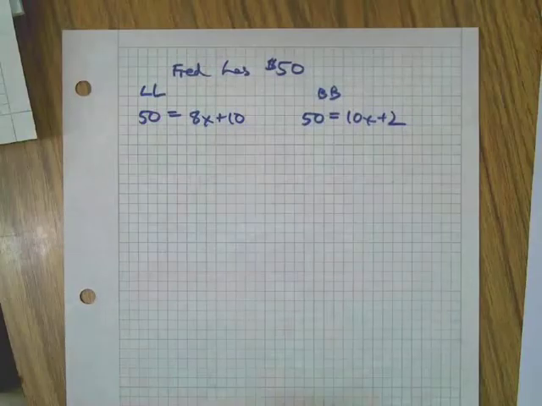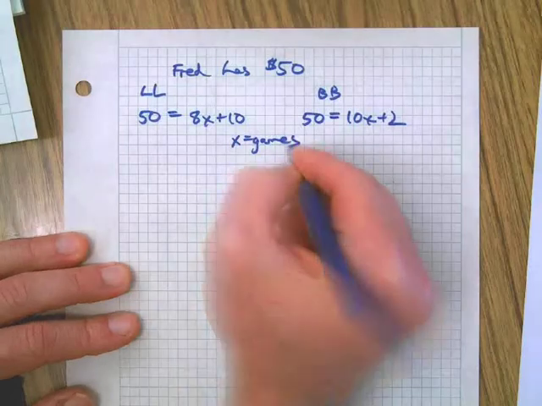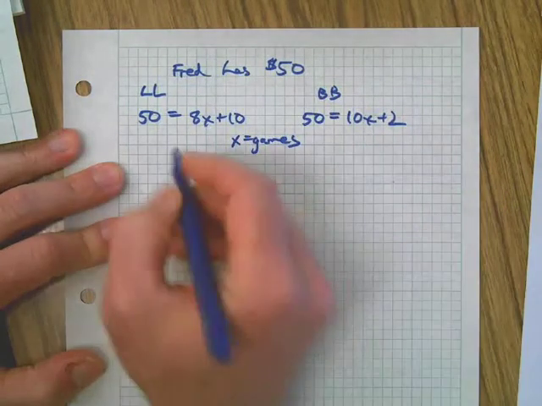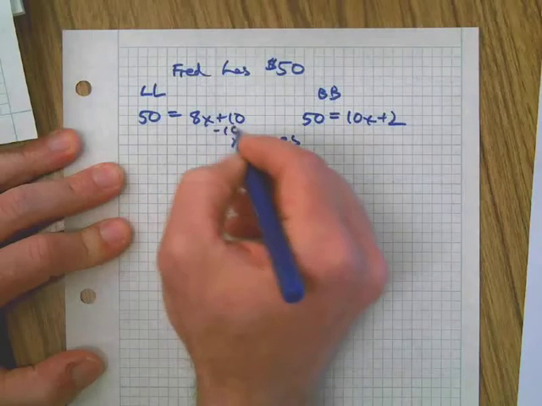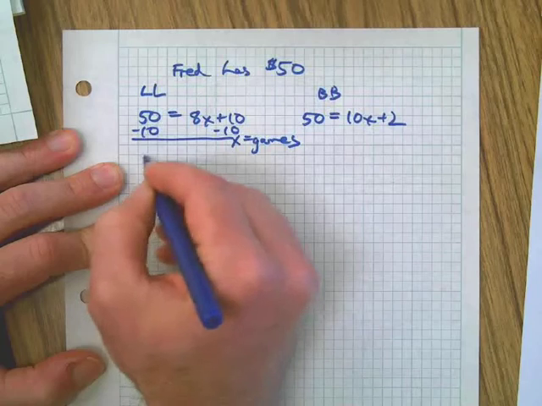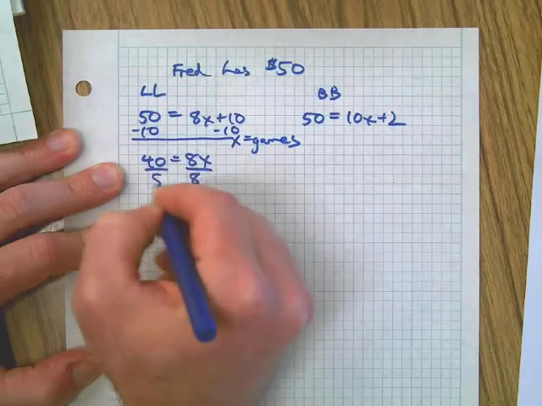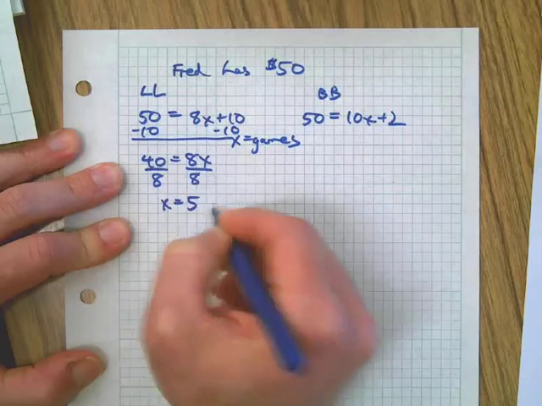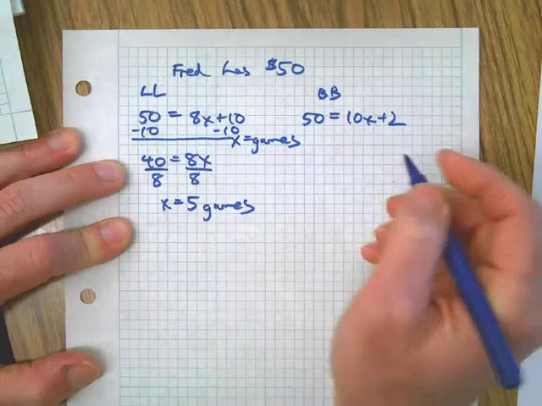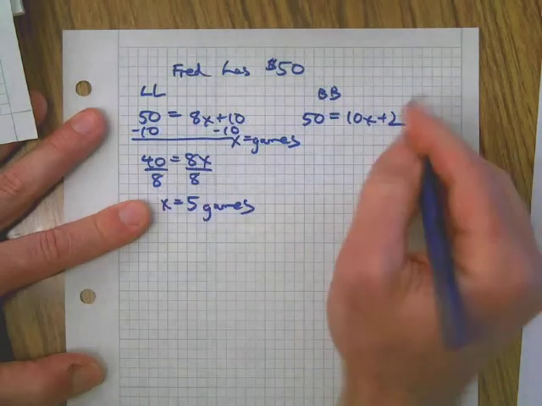Whichever one of these gets the highest value for x, remember it's x games, is the bowling alley he can bowl the most games at. So, take away 10 from both sides and divide by the coefficient of x. He can bowl 5 games at Lumpy Lanes and have not a penny left over. No change, not a piece of gum, nothing. Bouncy Bowl.